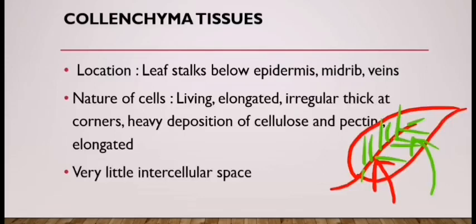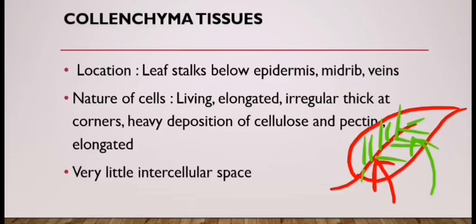The nature of the cells: they are living, they are elongated. Living means they have a nucleus and mitochondria, which help in cell division, and they are irregularly thickened at the corners. They have heavy deposition of cellulose and pectin, and they are also very much elongated.